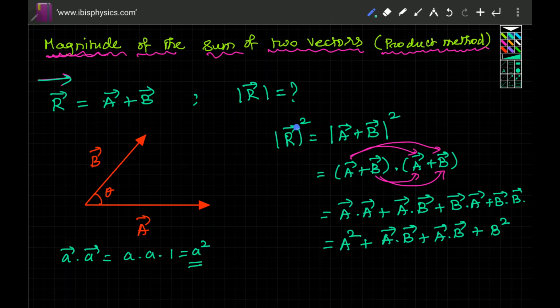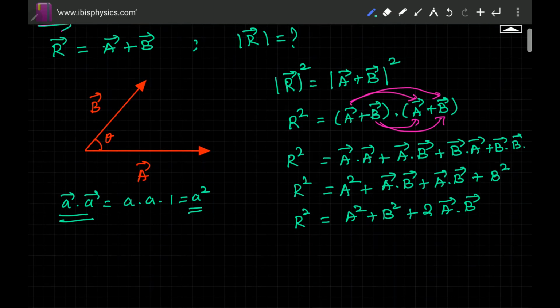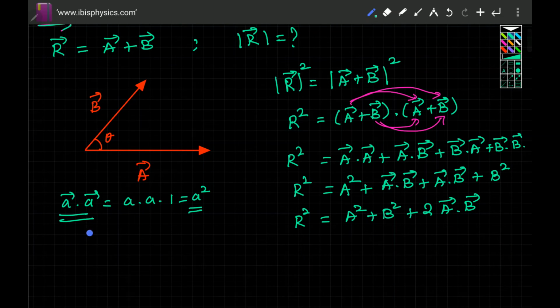And the modulus of r whole square is simply r square, because it is along the same line. So r square equals a square plus b square plus 2 times a dot b. What is a dot b?